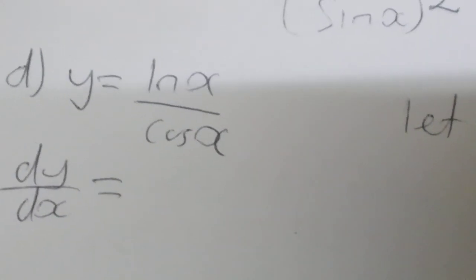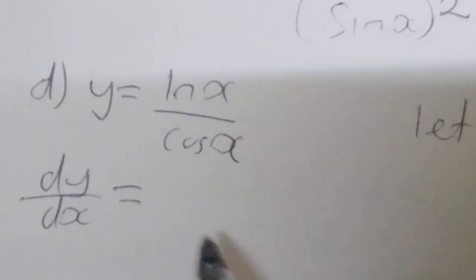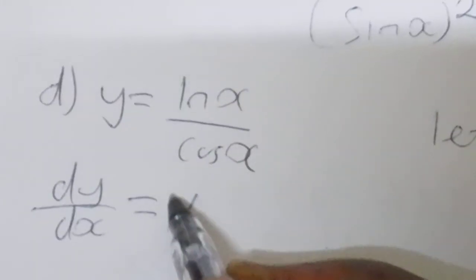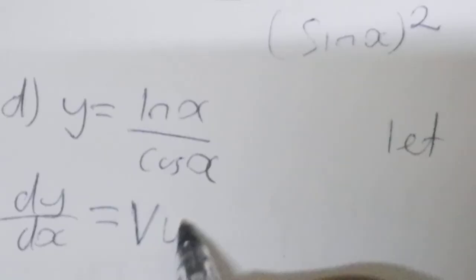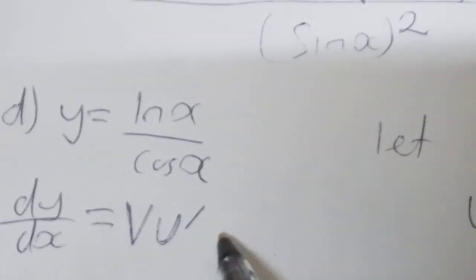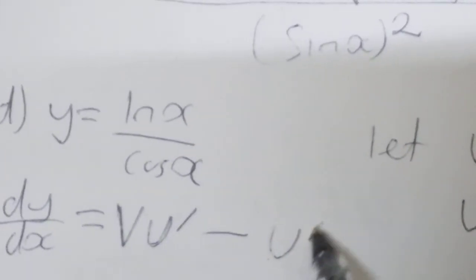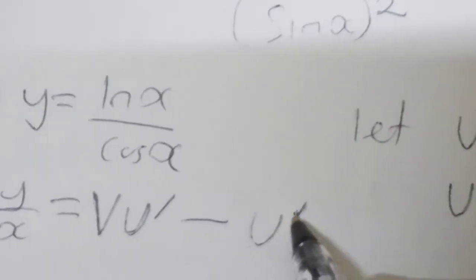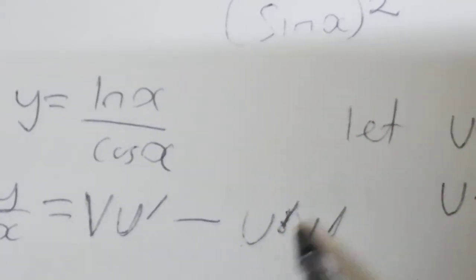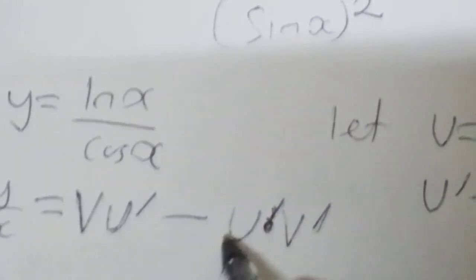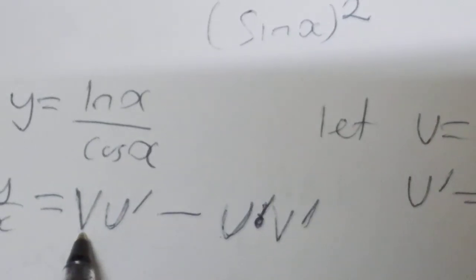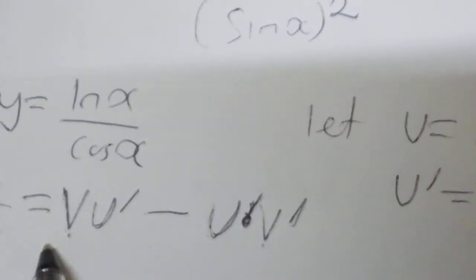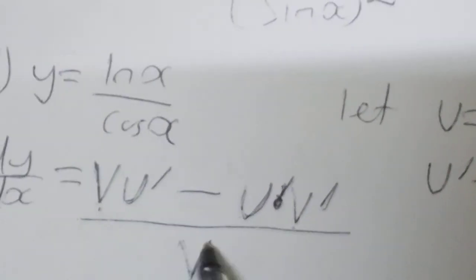So now for you to remember the formula properly, start with v. You just say v multiplied by u prime minus u multiplied by v prime. So you start with a normal v, you end with a v prime over v squared.